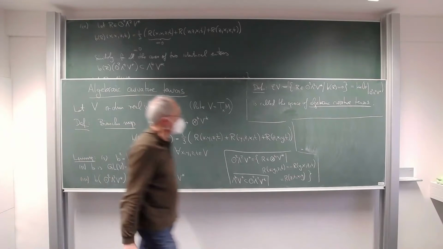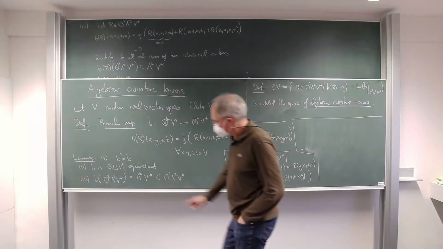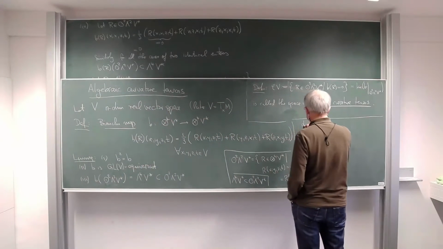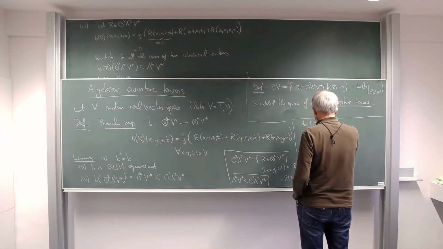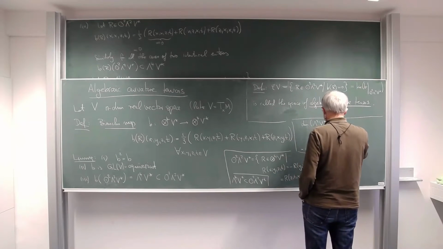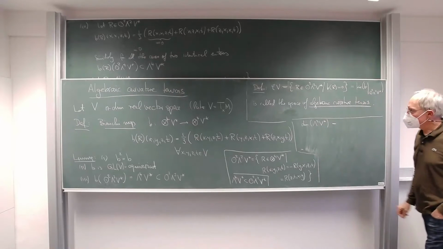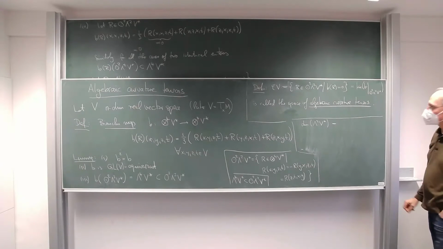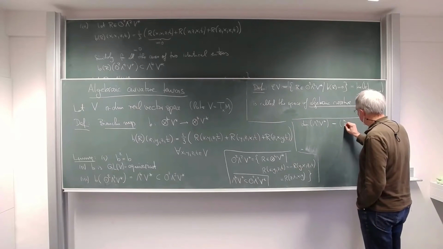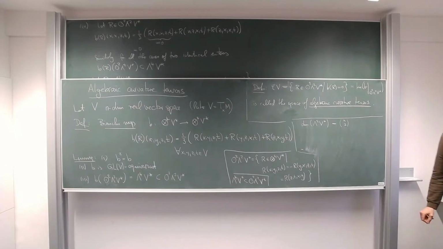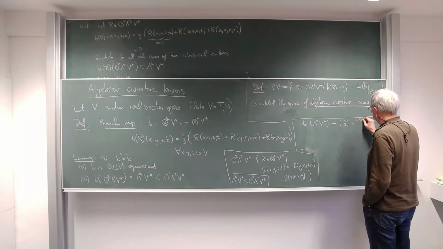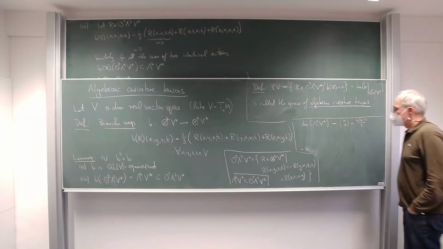So let's start with lambda 2 star. V is n-dimensional. What is the dimension? n choose 2. That's what it is. So in other words, n times (n minus 1) over 2.